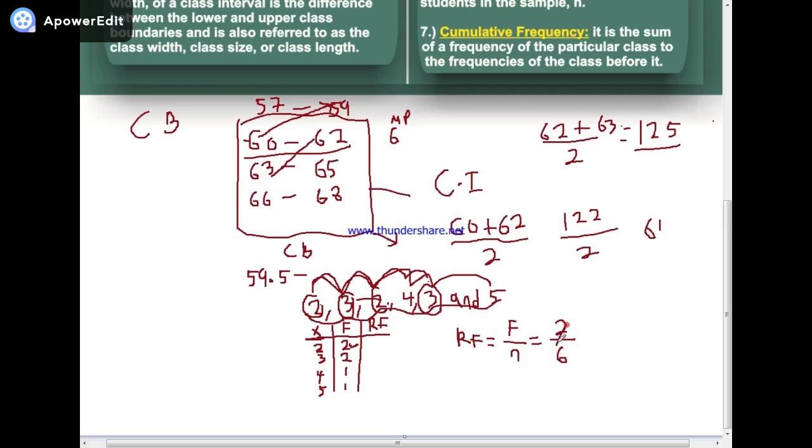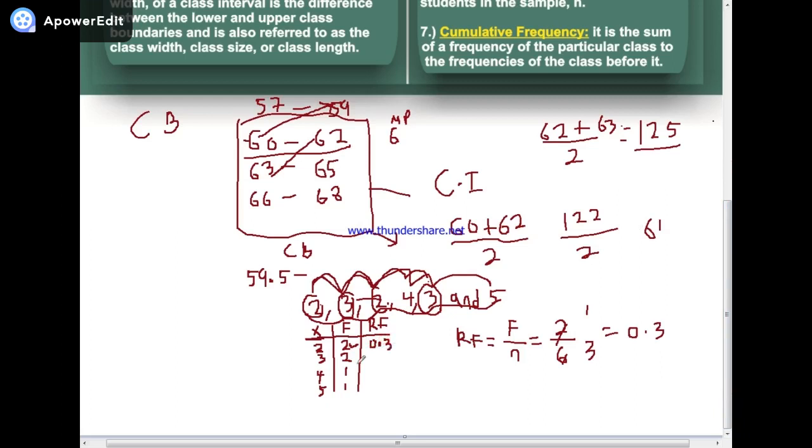That is 2 divided by 2 is 1, and 6 divided by 2 is 3. And 1 divided by 3 is 0.3. That is what we call relative frequency. So this one will be 0.3.